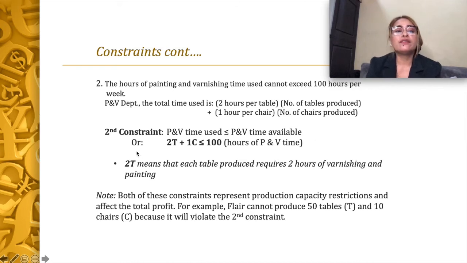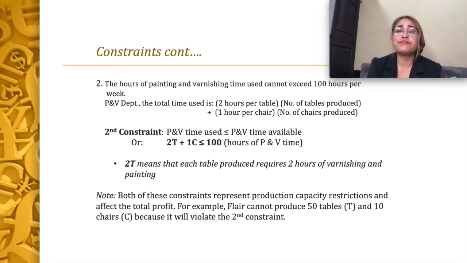Or the second constraint mathematical expression is 2T plus 1C is less than or equal to 100 hours of painting and varnishing time. Now 2T here means that each table produced requires 2 hours of varnishing and painting. Note, both of these constraints represent production capacity restrictions and affect the total profit.